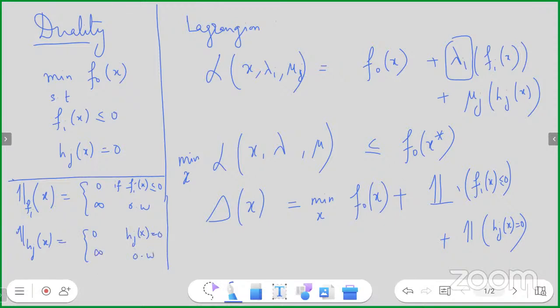Okay. Now this is exact, it's the same problem rewritten. There's no change. Now compare this with this. Now they're comparable.